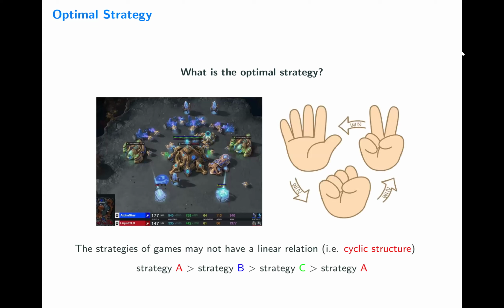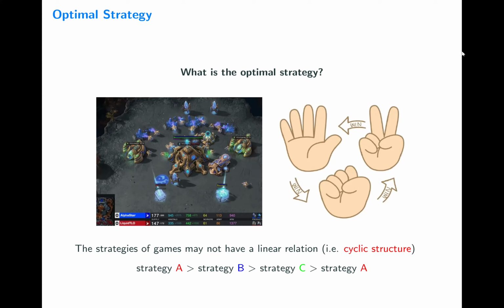One very important reason it is no longer as simple as the single-agent setting is that, imagine the rock, paper, scissors game. In a lot of those games, strategies may no longer have a linear relation. That is, we no longer have one strategy that is the best. In rock, paper, scissors, rock beats scissors, scissors beats paper, and paper beats rock.